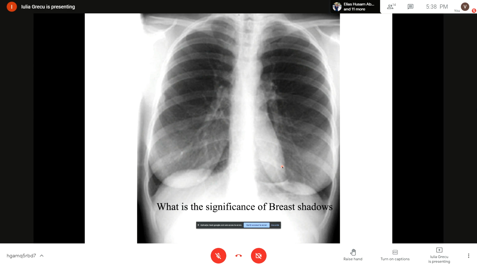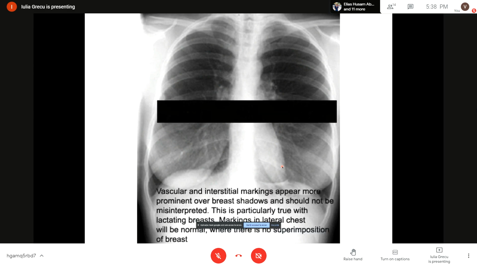So it's nothing pathological. You have to remember these things because the interstitial markings will be more prominent over the breast shadows.